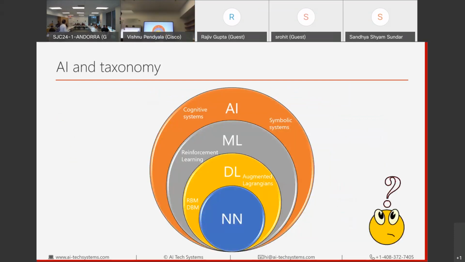I'm sure people here are smart enough to know the distinction, but in the media there is a lot of hype, and people do use these words interchangeably. For the lack of clarification, I would be using ML mostly. AI is a superset of that. DL and NN are a subset of machine learning, and there are other approaches that are nascent.